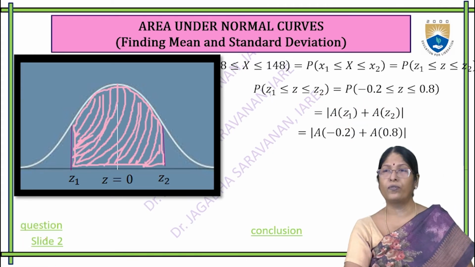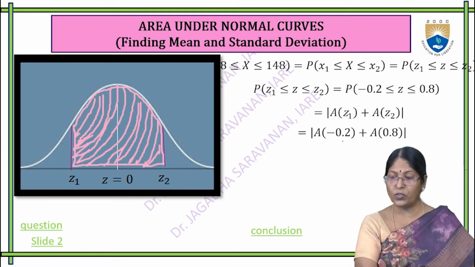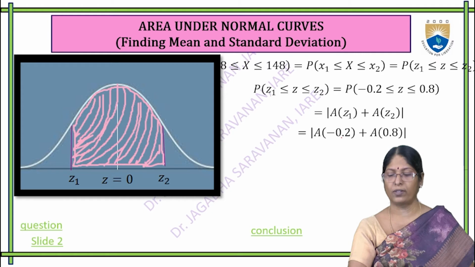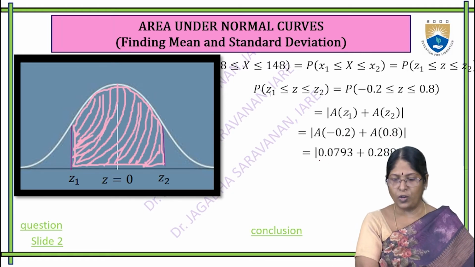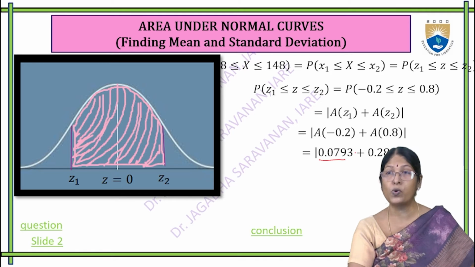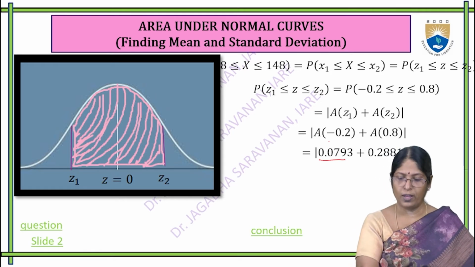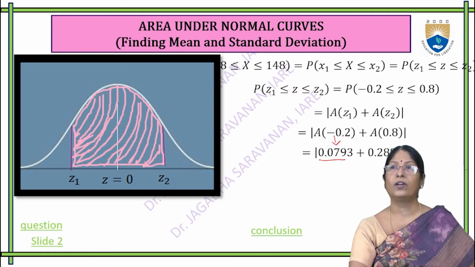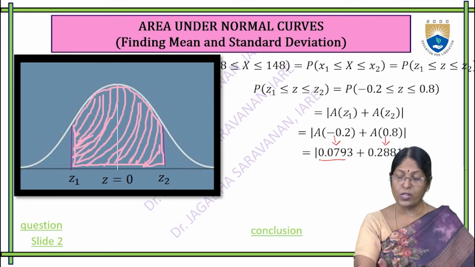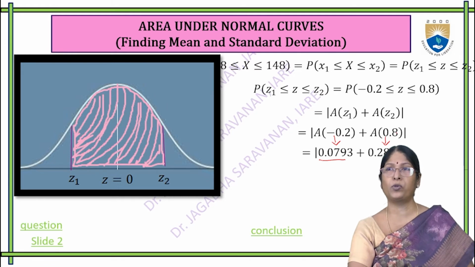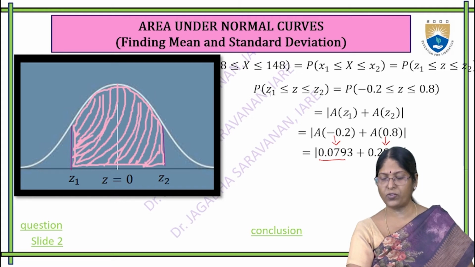So area of capital A represents area of minus 0.2 plus area of 0.8. The value 0.0793 replaces the area of minus 0.2. Similarly, the area of 0.8 is replaced by 0.2881.